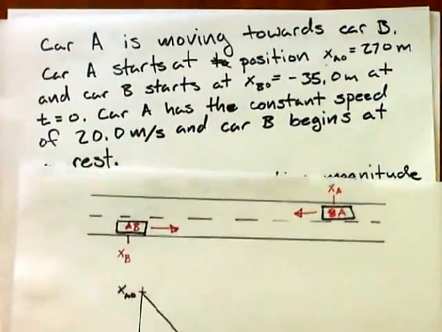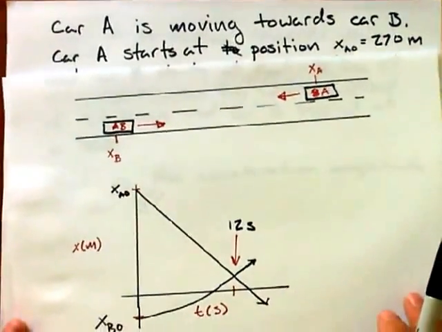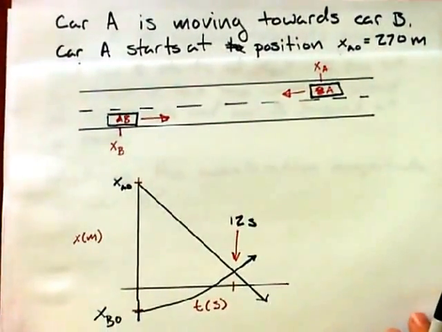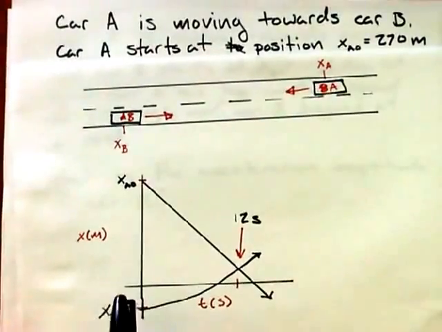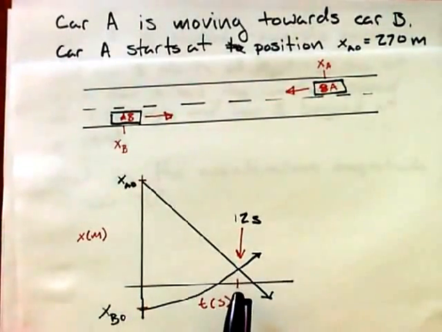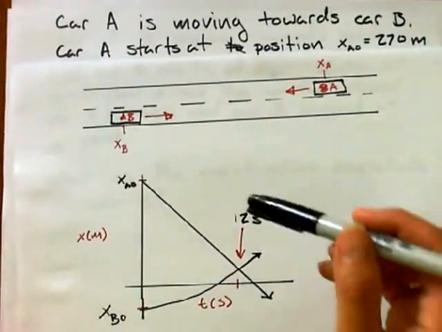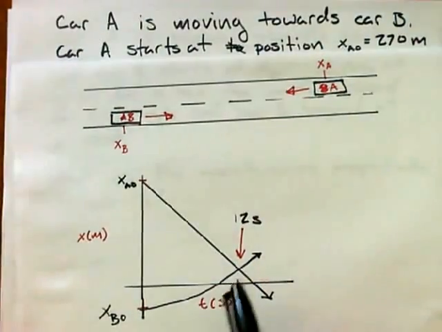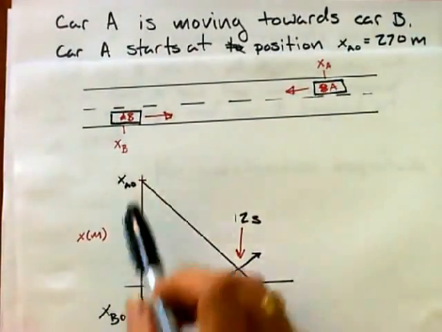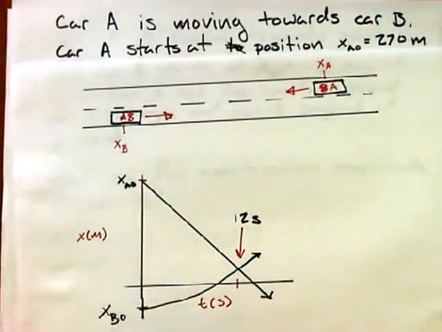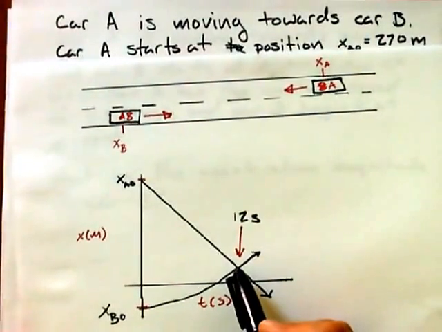The graph you would definitely need to solve this problem is right here, and it shows the progress forward in time, in seconds. A intersects B at 12 seconds.